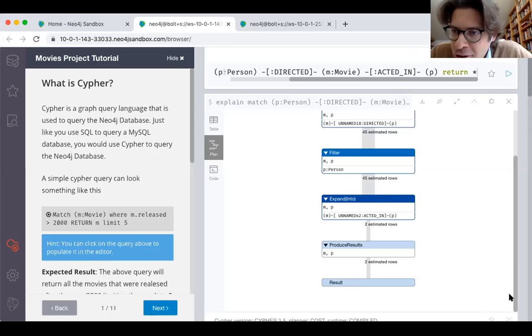Okay, and here's a question about why the cost estimates are in rows if the data is stored as nodes. Well, in a way, what each row symbolizes here is essentially one connection, one match for the patterns that we're currently considering. So you could also call this a graph fragment, for instance.